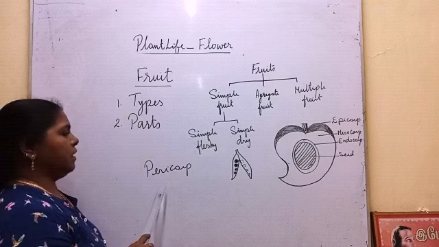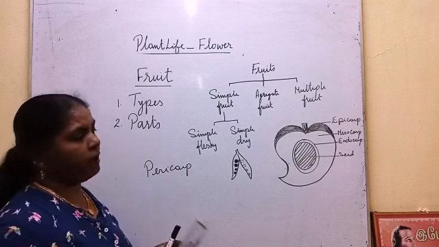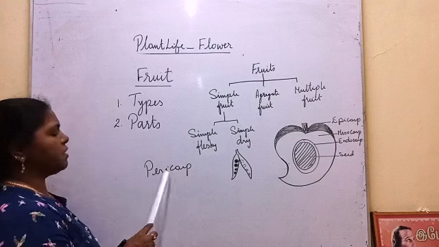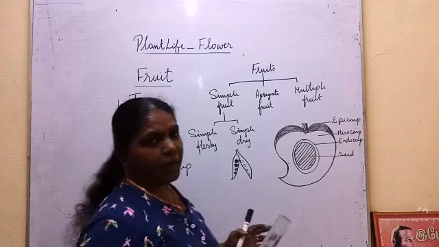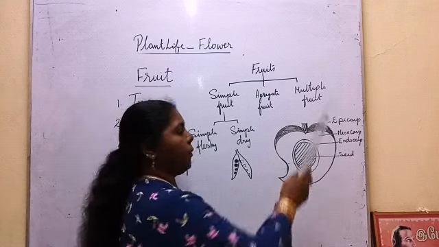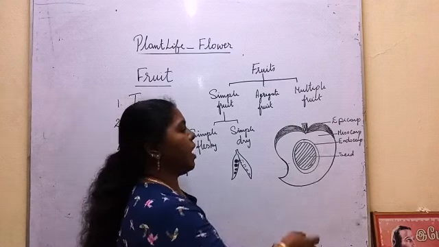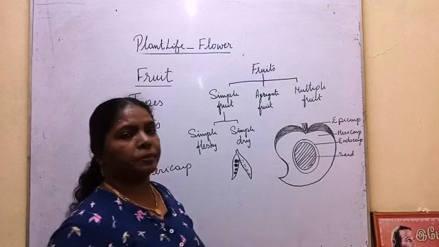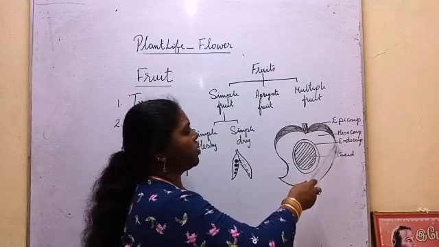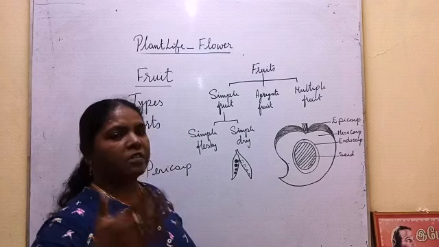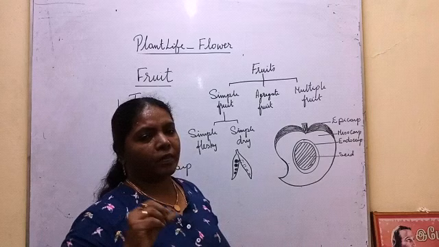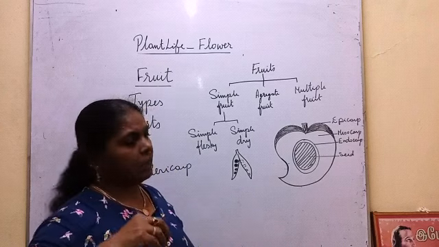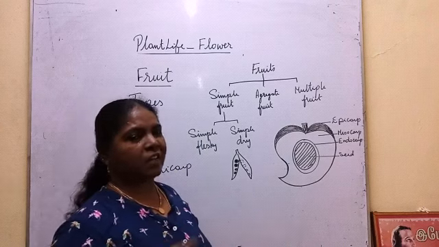The fruit has a fruit wall and seed. The fruit wall is called pericarp. The pericarp is made up of three layers: outer epicarp, middle mesocarp and inner endocarp. They are arranged in order outer, middle, inner, but the structure differs.